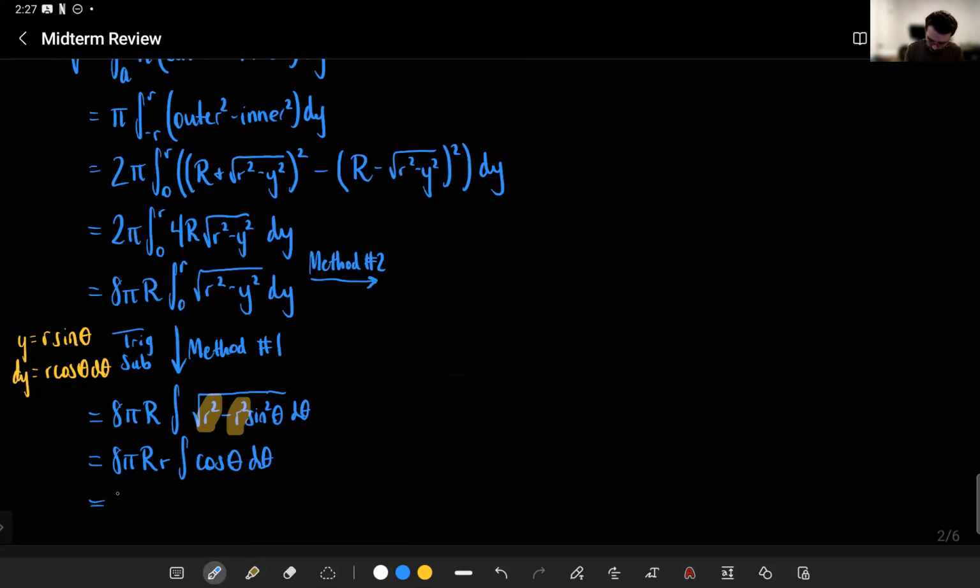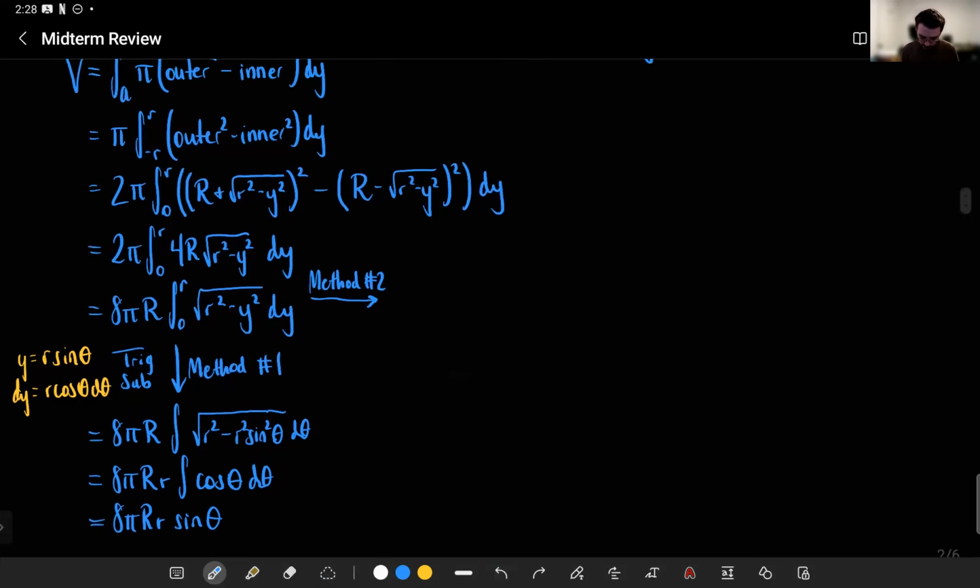Integral of cosine is sine. So this gives me sine of theta. I'm not going to write a plus c because technically we do have bounds. I just said we'd ignore them and get to them later. Particularly, we want to get to them when we get everything back in terms of y. So, okay, what is sine theta?